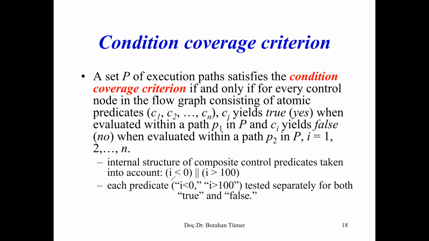So that means, let's go back to this example. Last time we checked true and false for both. Now we have to create test cases for four different combinations for C1 and C2.